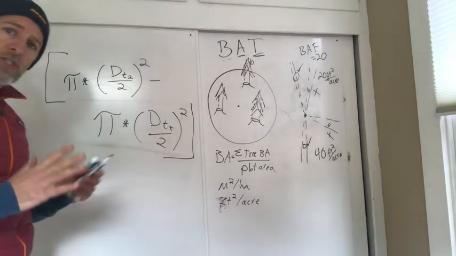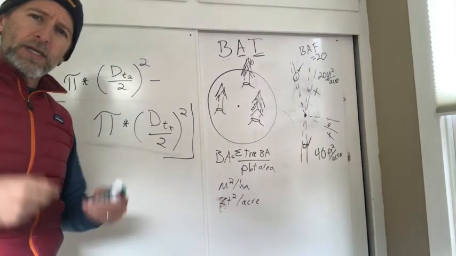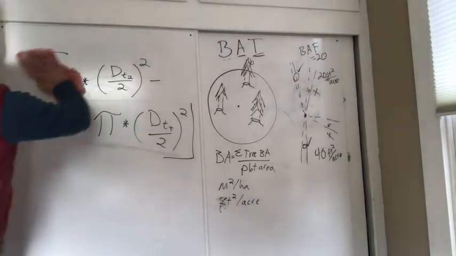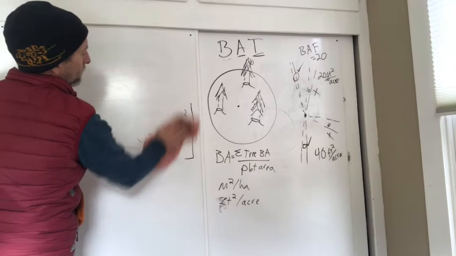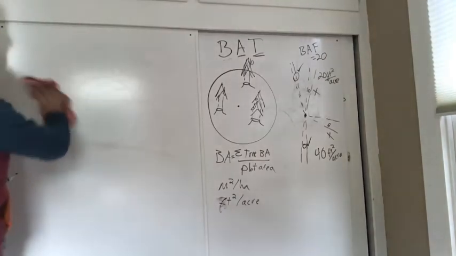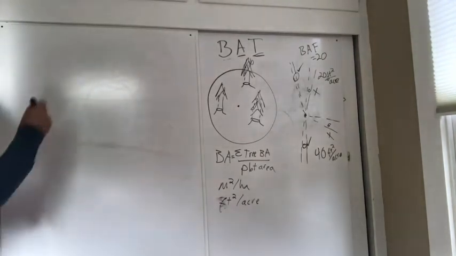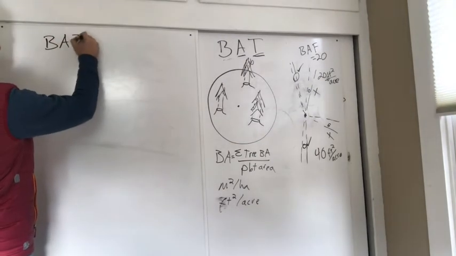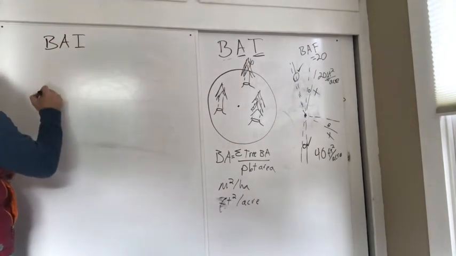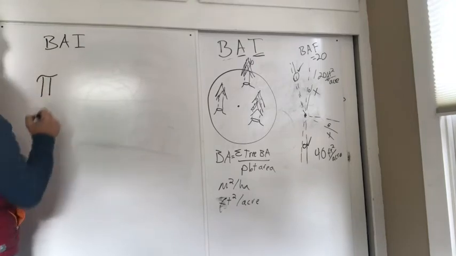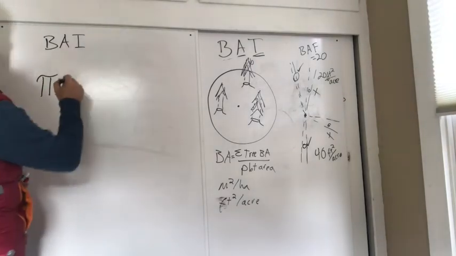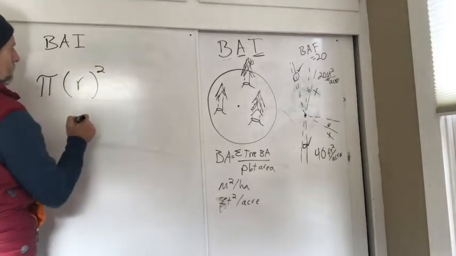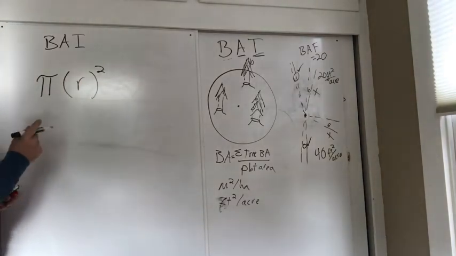So one more time, let's write out the equation together just so we get a good sense of what we're talking about here. I'll erase it, and then we'll explain what we're doing one more time. Pi r squared is our general formula, right? Which is going to give us area.